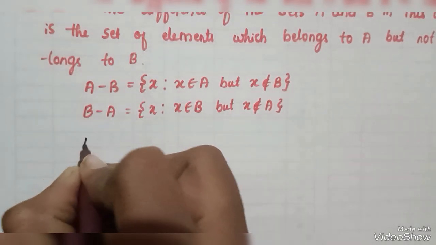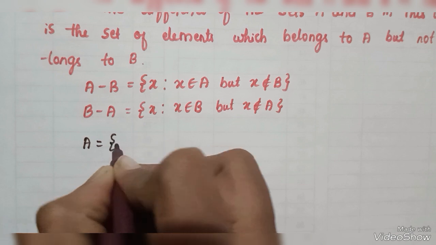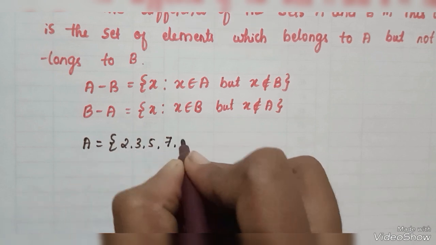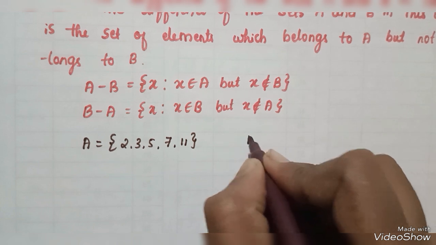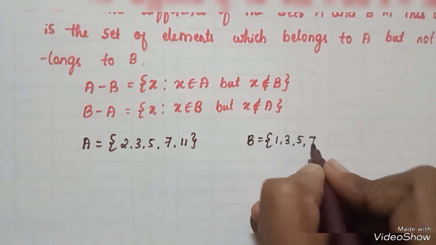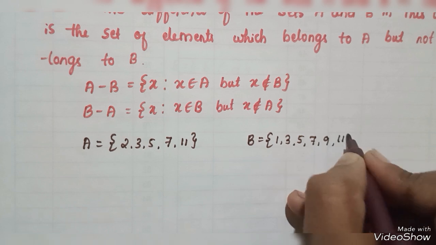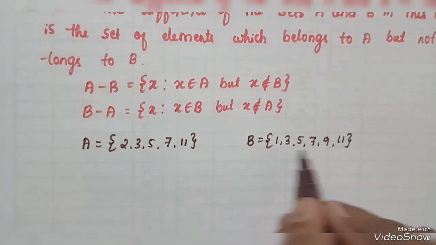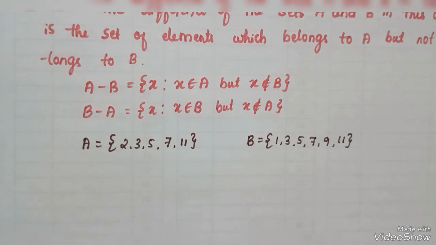Here A contains the elements 2, 3, 5, 7, 11 and B contains the elements 1, 3, 5, 7, 9, 11. These are the set of prime numbers, these are the set of odd numbers. A and B are the two sets. Now we want the difference of sets.